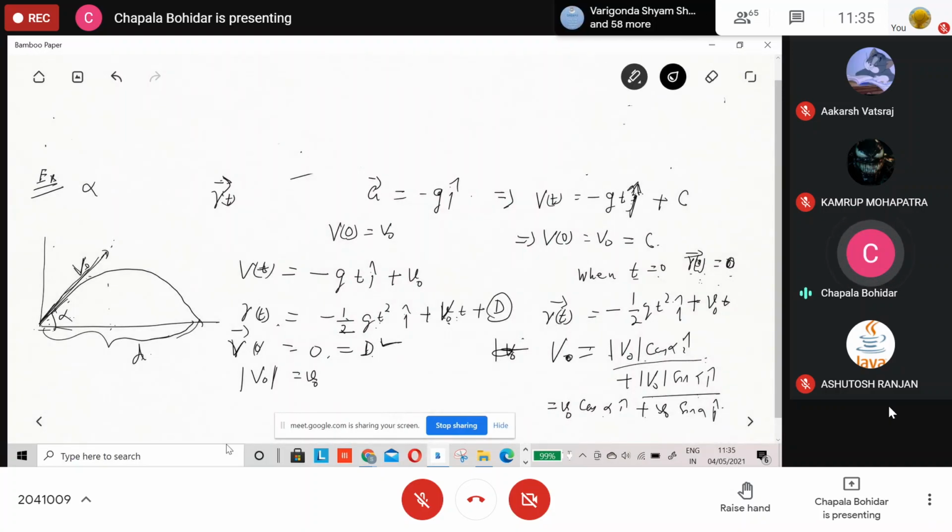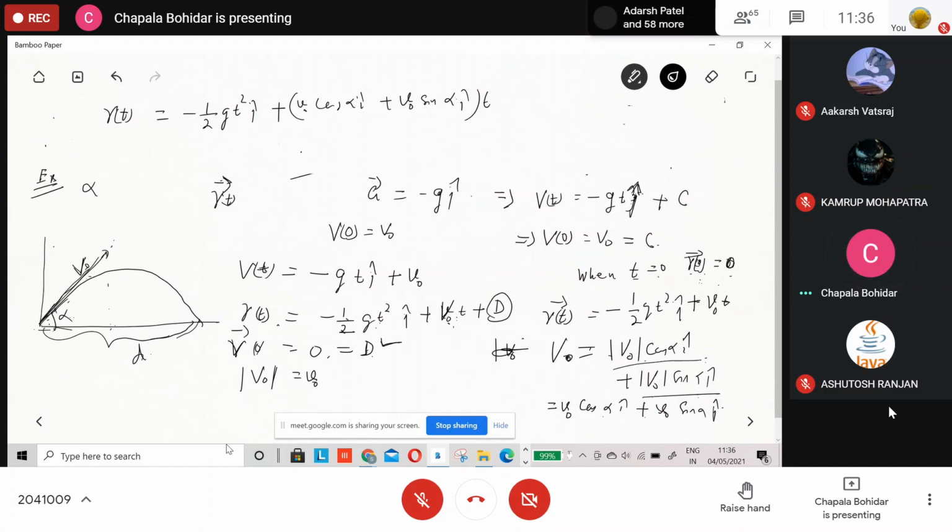Okay. So I can substitute this value of V naught here. r(t) is equal to minus 1 by 2 g t square j cap plus small V naught cos alpha i cap plus small V naught sin alpha j cap, multiplied by t.